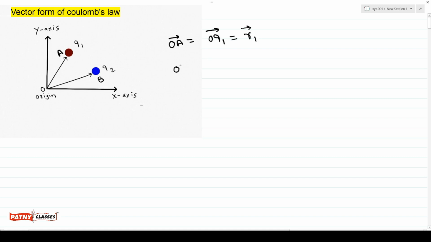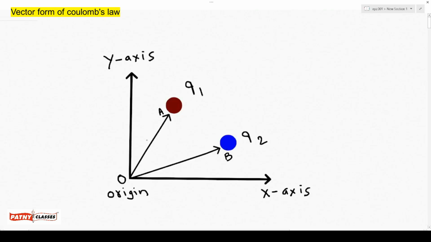Similarly, vector OB equals vector OQ2 equals vector R2. So vector OA equals vector R1 and vector OB equals vector R2.